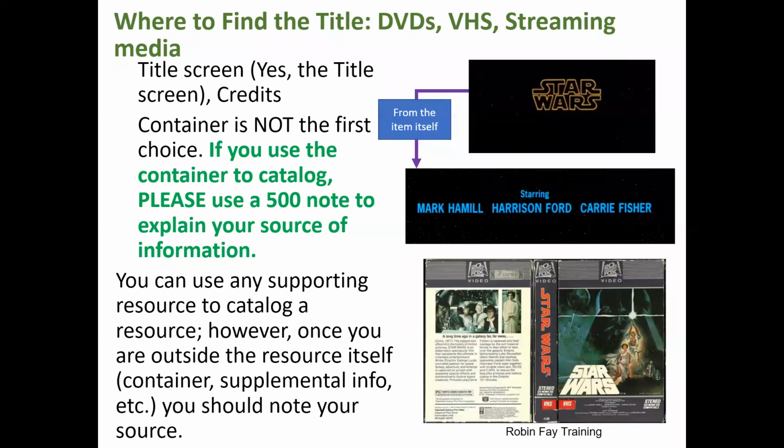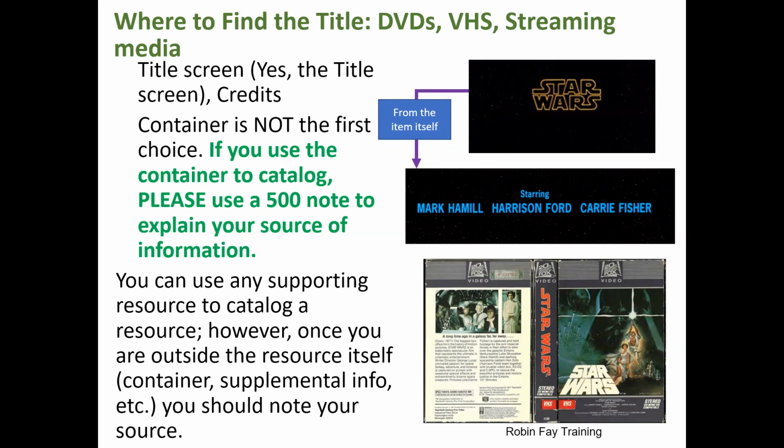So that would be from the book, from the title page. What is a similar place in a DVD or a VHS or streaming media? Well, it's not the container, because that'd be more like the book jacket, right? And it's not the DVD box set, because that would be more like the box set for a set of books. So it's not that either.